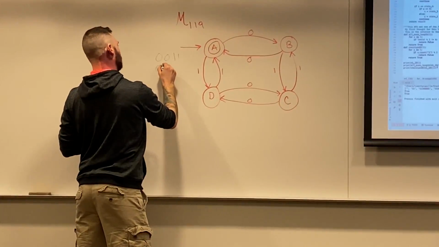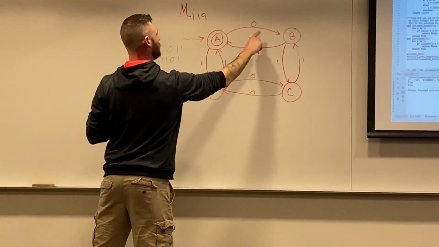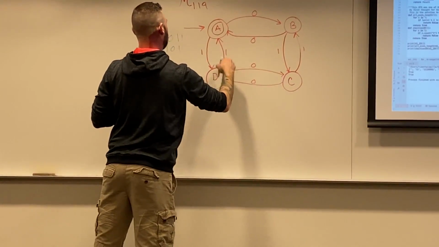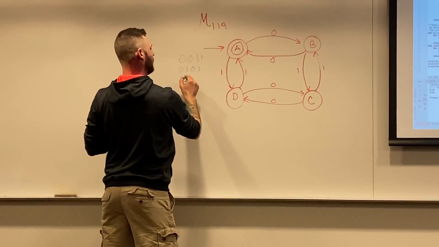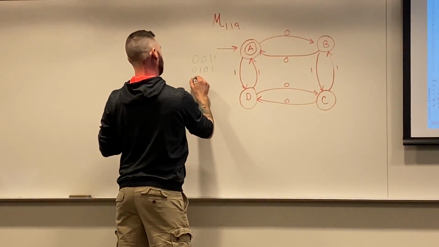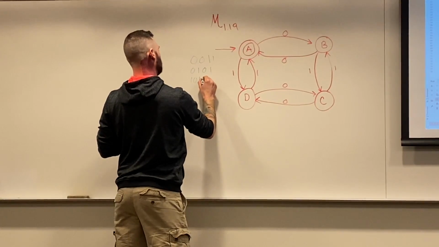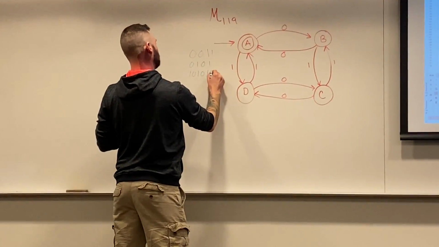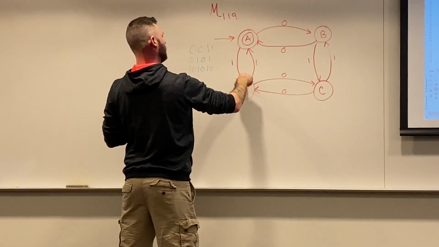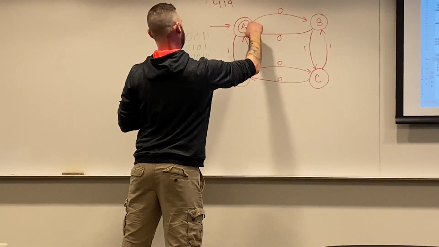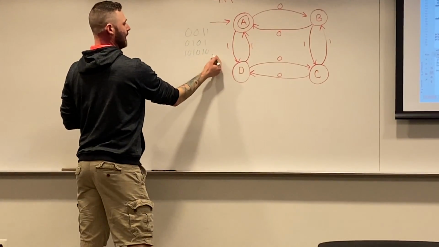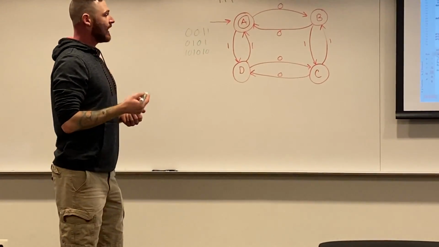But if we do 0, 1, 0, 1, that accepts as well, but I think there's one that rejects here. If we do 1, 0, 1, 0, 1, 0, that'll fail. So that's not it.